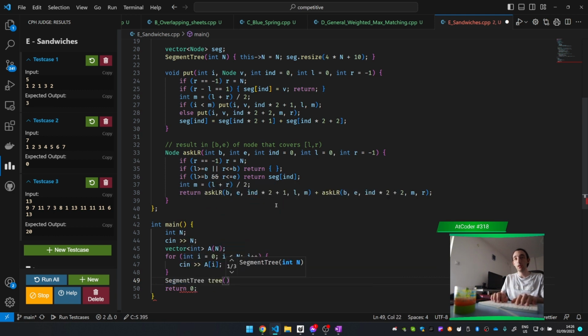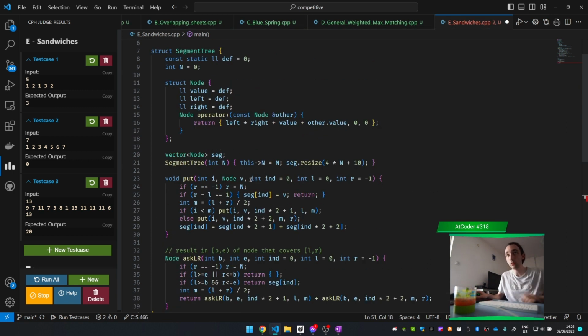Segment tree, this is from up to n plus 10 or something like this. And then tree dot put. What we want here is, instead of v, to increase left and to increase right.